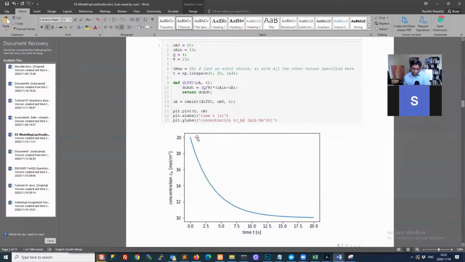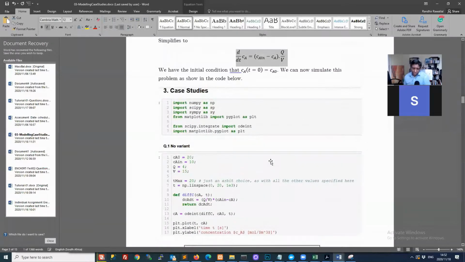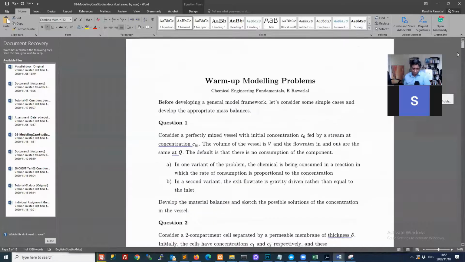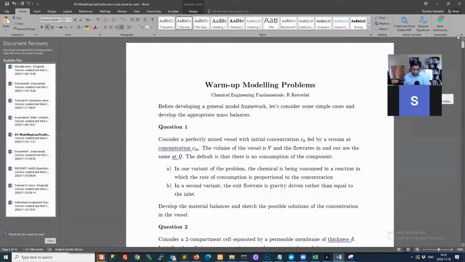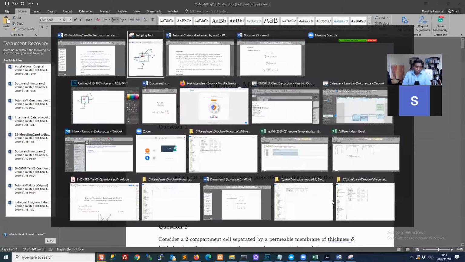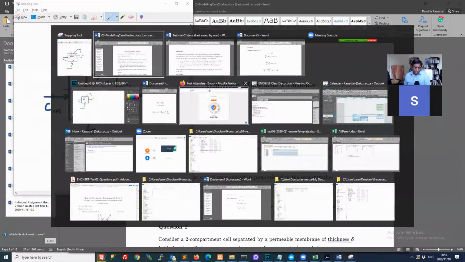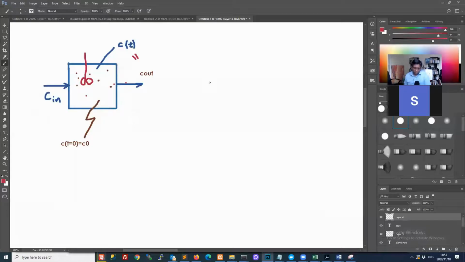Okay, so that's the first simple situation. The next thing that we have in this spec is a variation on that, which is to say your exit flow rate is gravity driven rather than being equal to the inlet flow rate. So maybe we want to draw it a little differently.